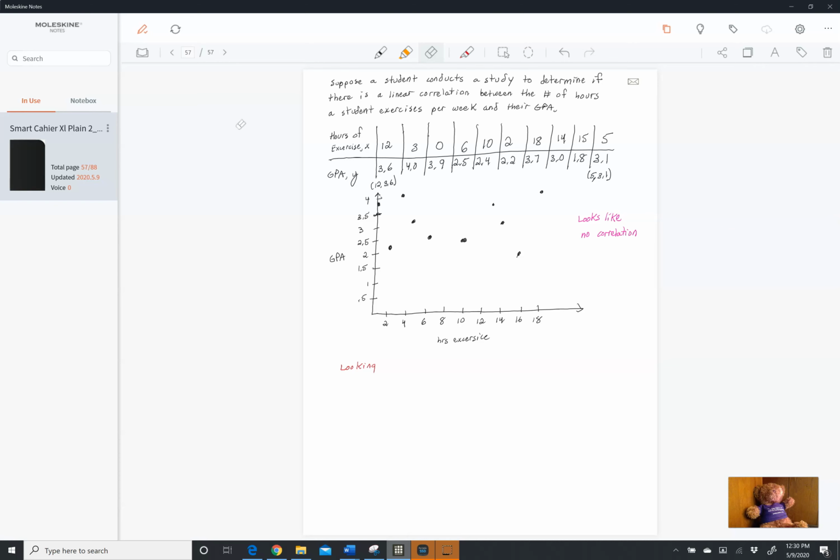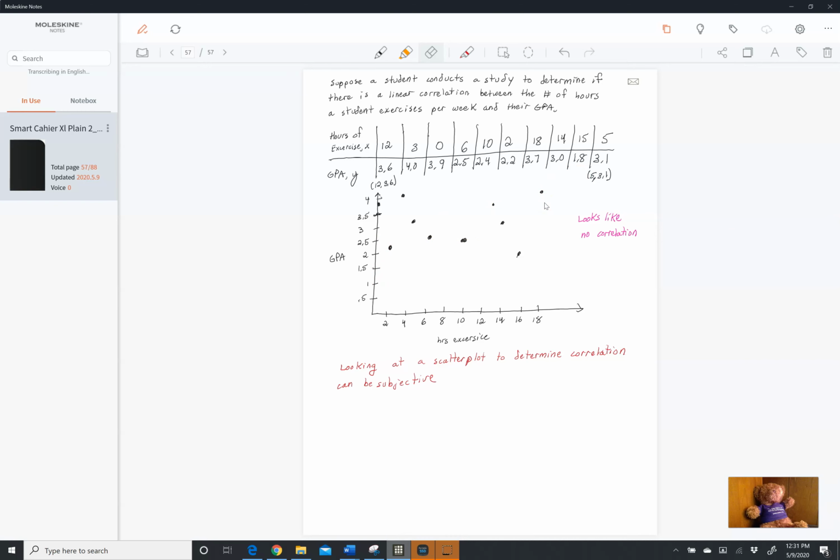So looking at a scatter plot to determine correlation can be subjective. It's not that it's not useful at all, right? Even if you looked at this and you said, well, it looks a little bit positive, we know that even if it's a little positive, it's not a strong relationship.